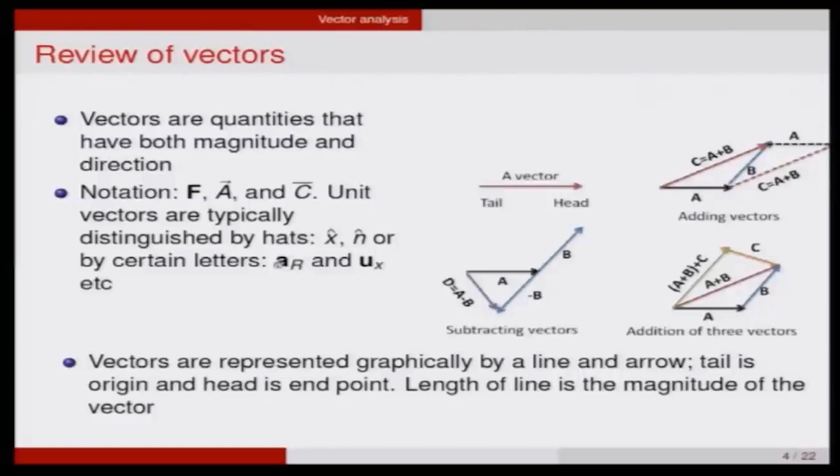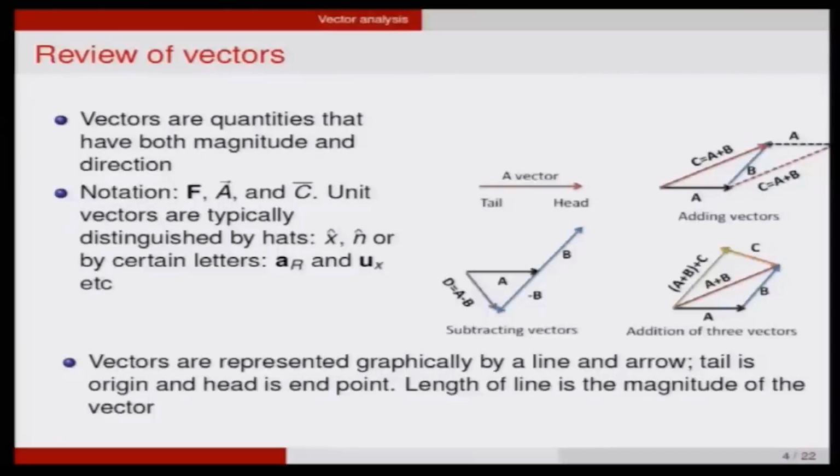So, for example, a being a small letter but bold face indicates that this is a unit vector, and this subscript r to this letter a indicates that this is a unit vector in the direction of r. Similarly, you will also find sometimes u sub x written with u standing for unit vector, again a small case letter bold, and x standing for the direction of the vector along which this vector is acting.